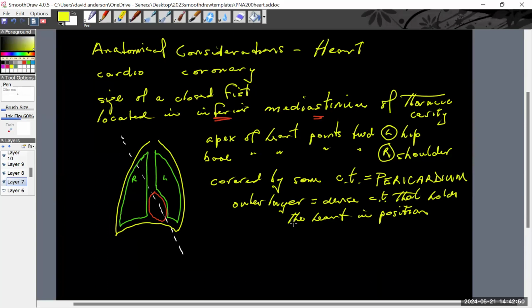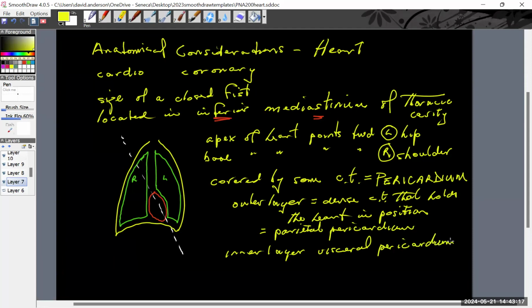It's sometimes referred to as the parietal pericardium. And then the inner layer, known as the visceral pericardium.